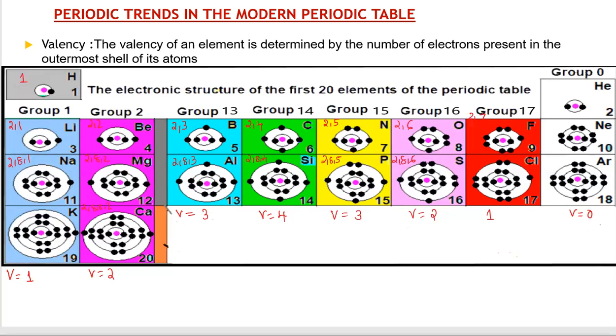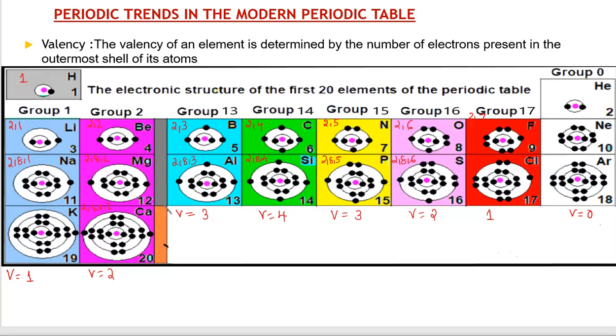Now see, in group 1 elements, the number of electrons in the outermost shell is 1. That means we can easily remove this 1 electron, or it is ready to give its 1 electron to achieve noble gas configuration. See, lithium 2, 1.